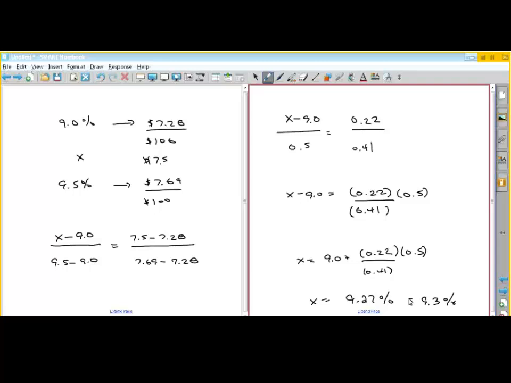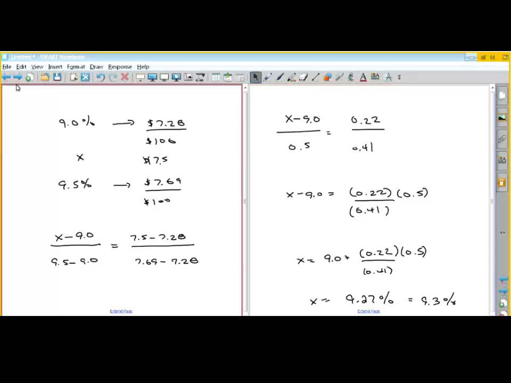And let's see what the book gives me as the answer. And the answer is, they put 9.5. They made it too easy. So they just rounded. They said, oh, this is closer to this than it is to that, so I'm going to round up to 9.5%. But this is a more accurate result.